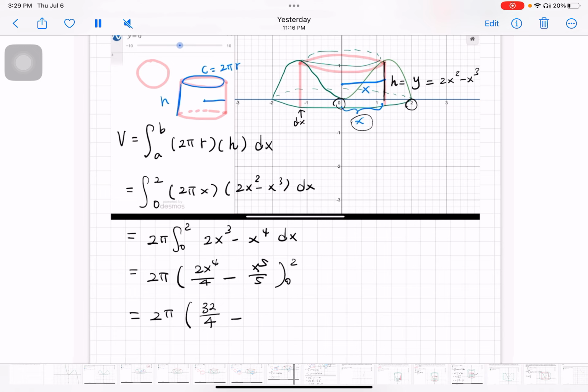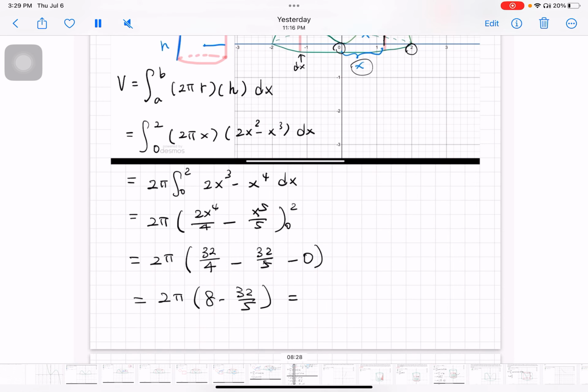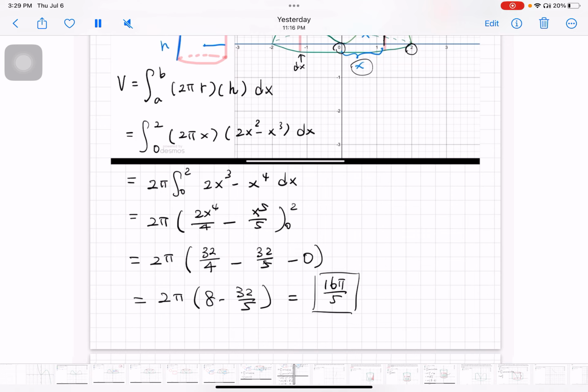We got 32 over 4 minus 32 over 5 minus 0, which is 2 pi times 8 minus 32 over 5, which is 40 over 5 minus 32 over 5, which is 8. 2 times 8 is 16, so 16 pi over 5.